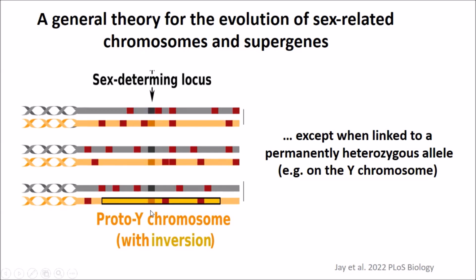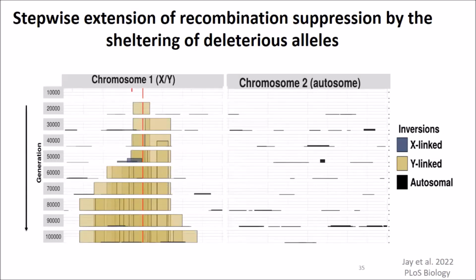So if you have an inversion that traps the male sex-determining allele on the Y chromosome and has fewer deleterious mutations than average in the population, and half of the inversions by chance will carry fewer deleterious mutations than average, so this is not very rare, then it will have an advantage, and it can reach fixation because it will never be homozygous. Its deleterious mutations will never be homozygous and pay the cost of the recessive deleterious mutations. And so they can be fixed in the population of the Y chromosome.